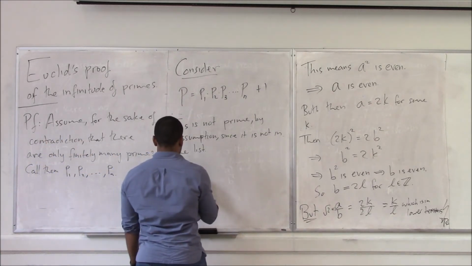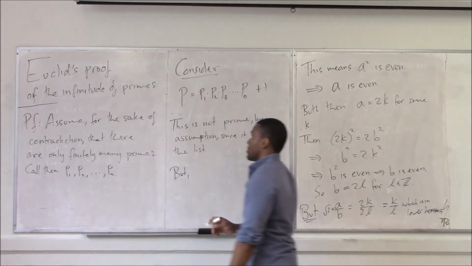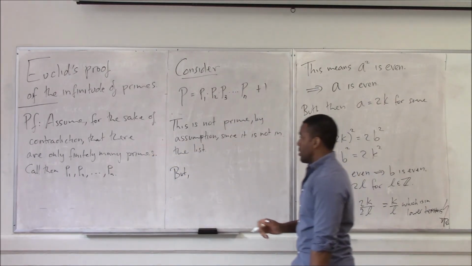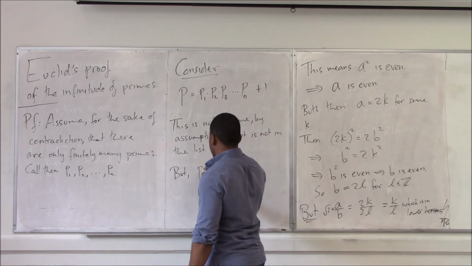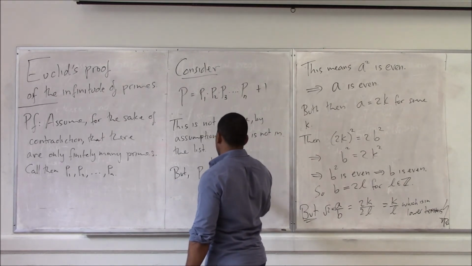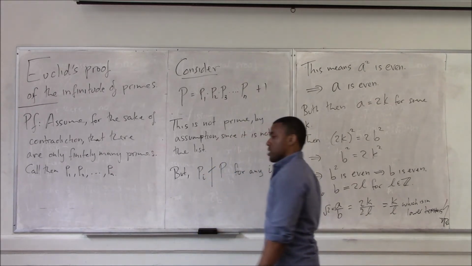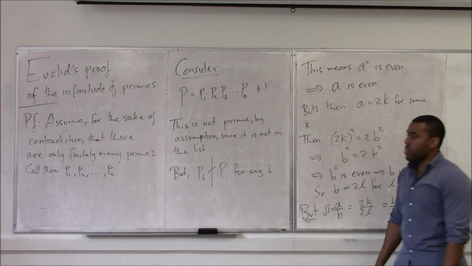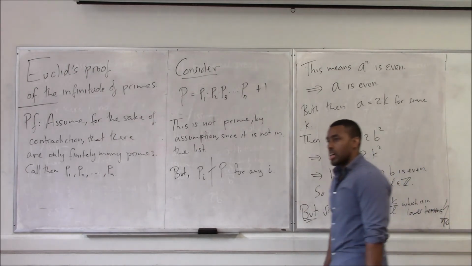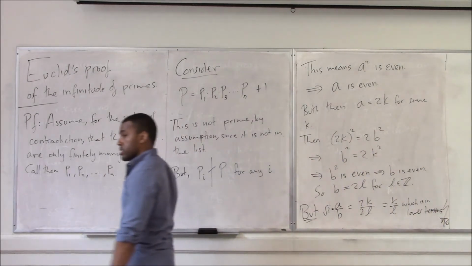But Pi does not divide P for any i. So it's not a prime number in that list, but it's also not divisible by any prime number in that list.